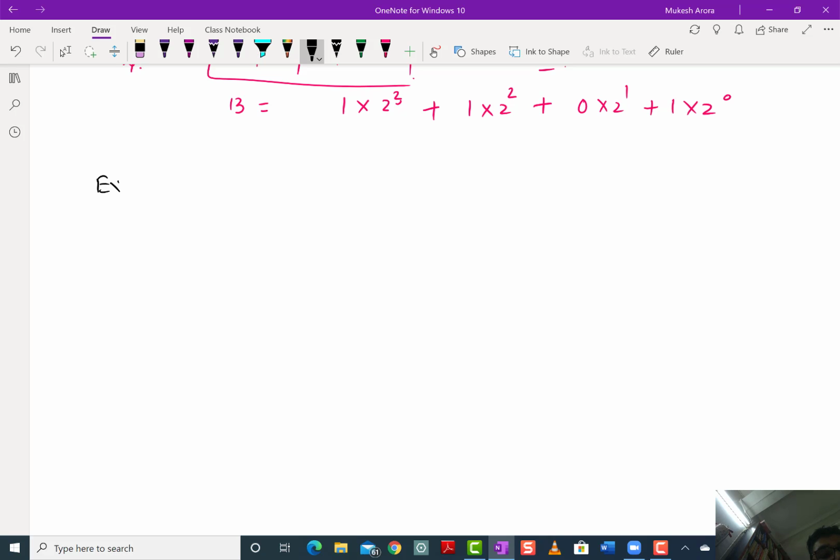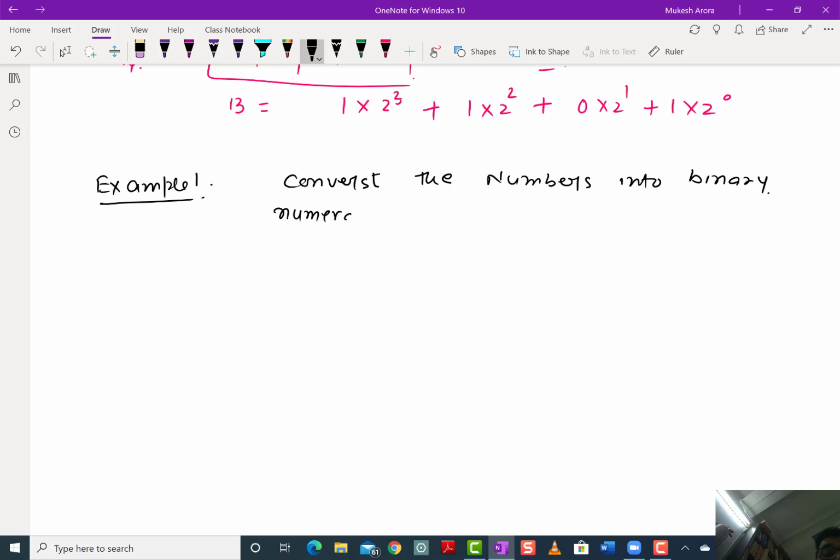Example 1: convert the following decimal numbers into binary numerals. The first question is 9, second is 14, and third is 128.